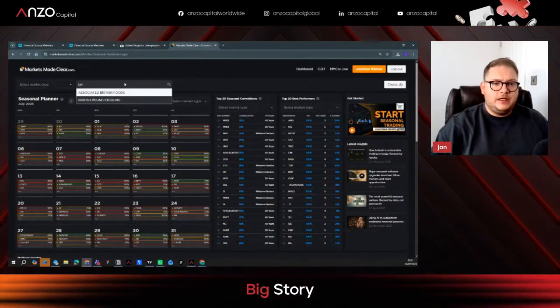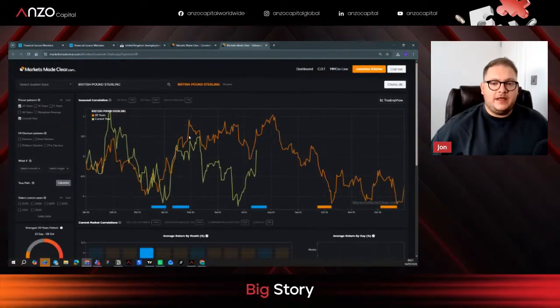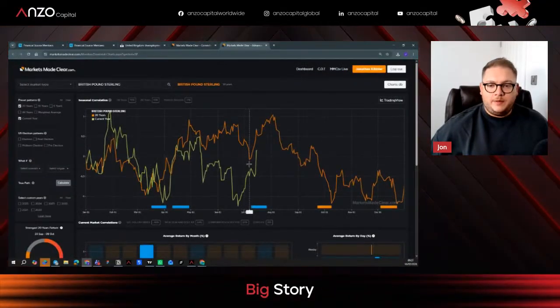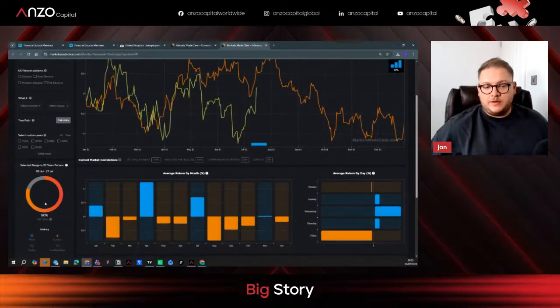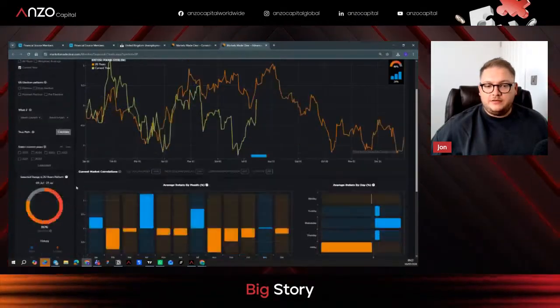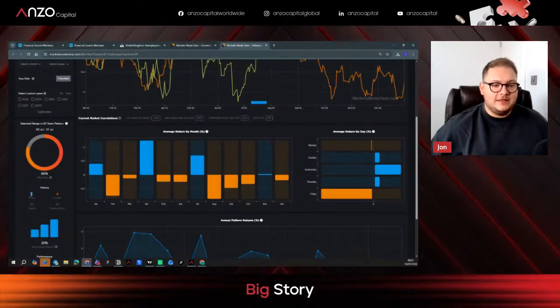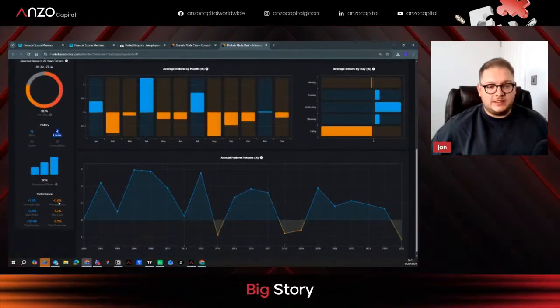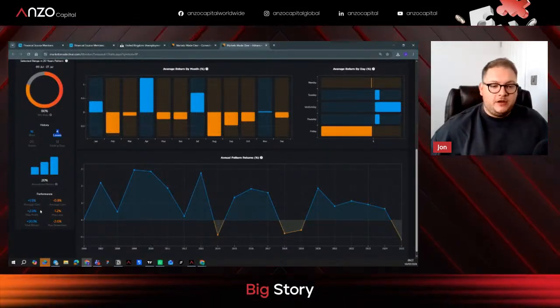So not only did we have this positive data, we have the seasonal pattern, which suggests that from around the 9th of July to the 27th of July, price rises and it has an 80% win rate. Over the past 20 years, it has 16 wins, 4 losses, average gain of 1.5%, max profit 2.9%.